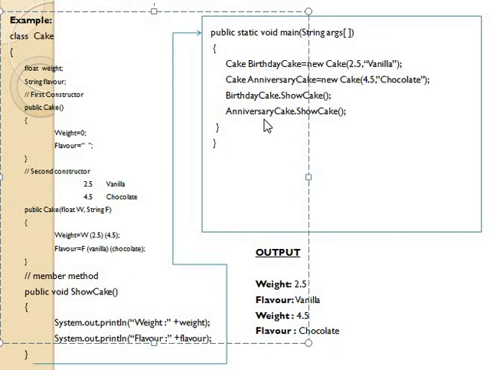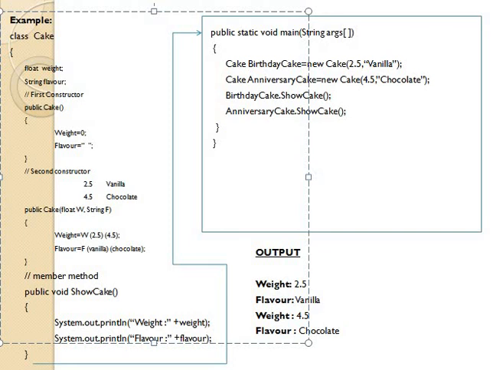And since we are dealing with the second object anniversary cake to call this method showCake, the value of w now will become 4.5, that is coming out of the first argument. And finally this value 4.5 will get assigned to the data member weight. So the value of this data member weight will now show the value 4.5 as shown in this output.